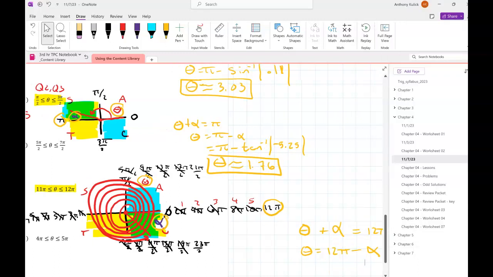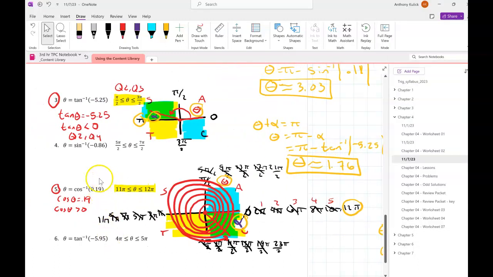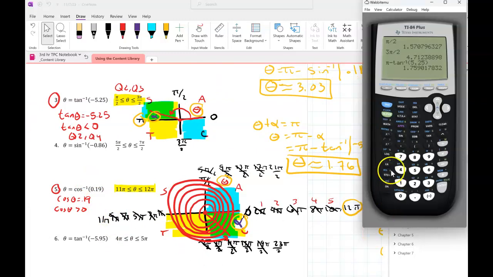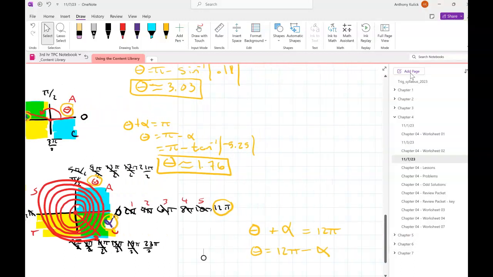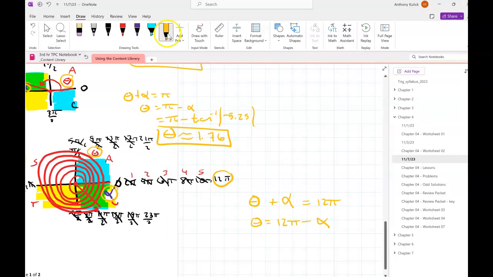What is the alpha in our case? Cosine inverse of 0.19. So I get 36.2 or thereabouts.